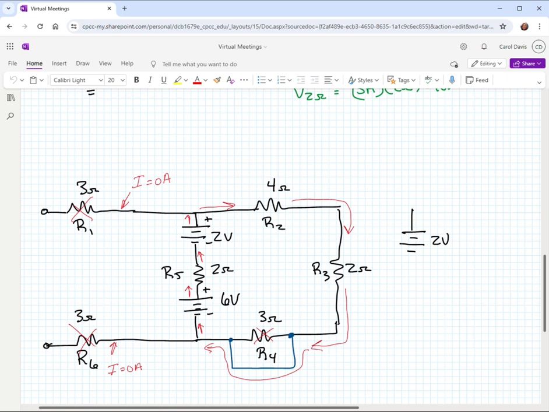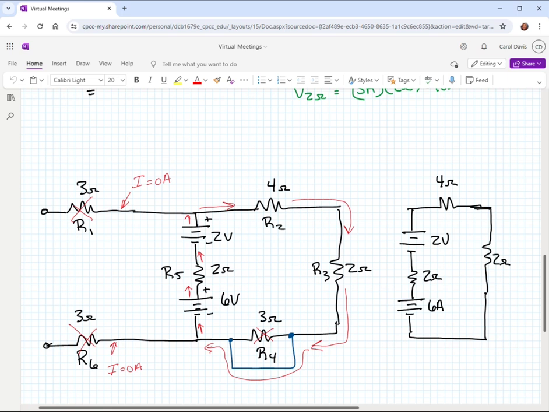I do have a 2 ohm resistor here. I'm going to keep that in the circuit as well. There's my 4 ohm resistor. Of course, I'm going to keep the 2 ohm resistor out here. Now for the 3, I'm going to just ignore it. I'm going to draw the path at the bottom without the resistor because the current's not going through there. And we don't really need that. So basically, here's the circuit that we have.